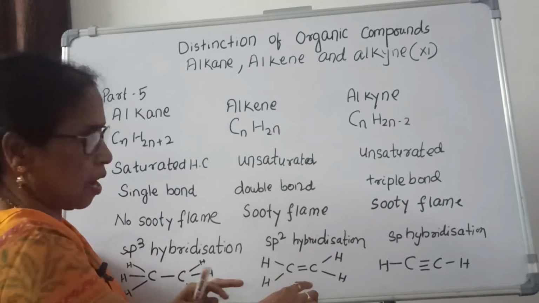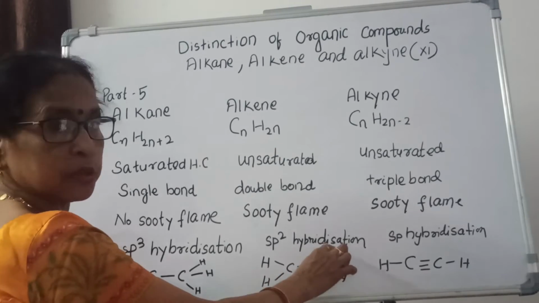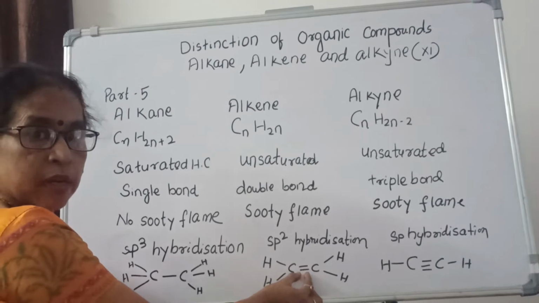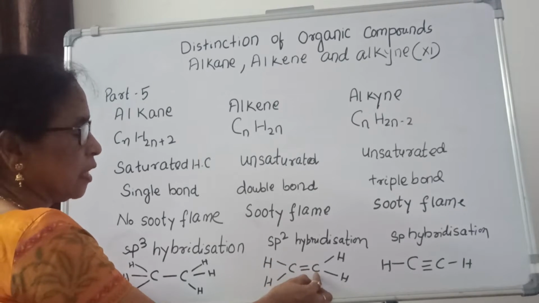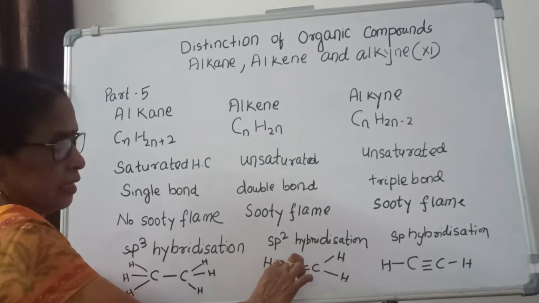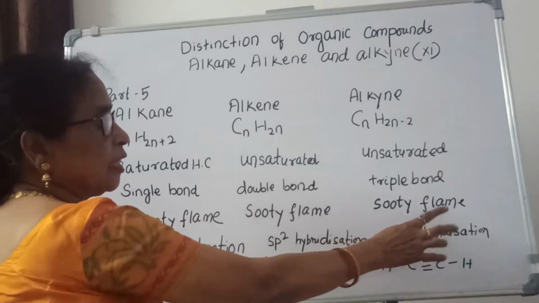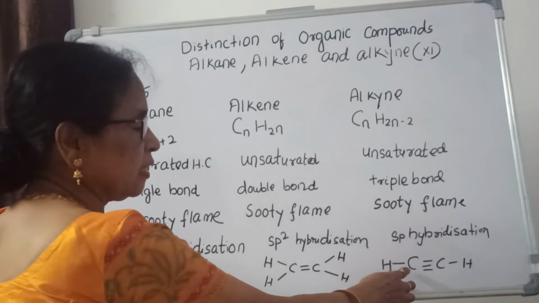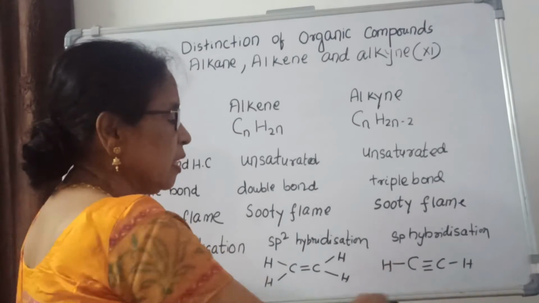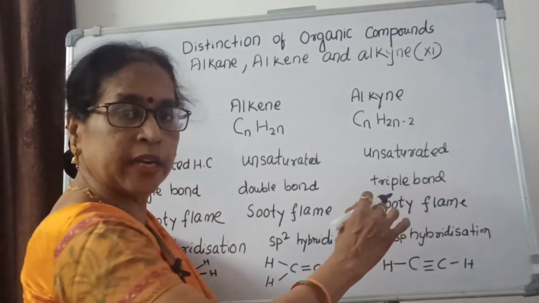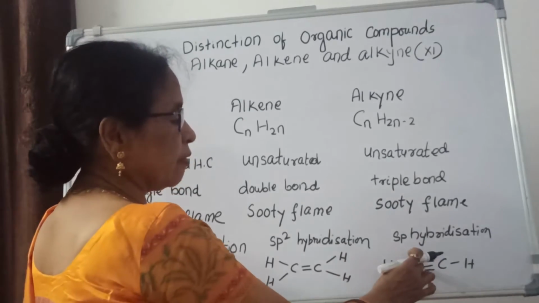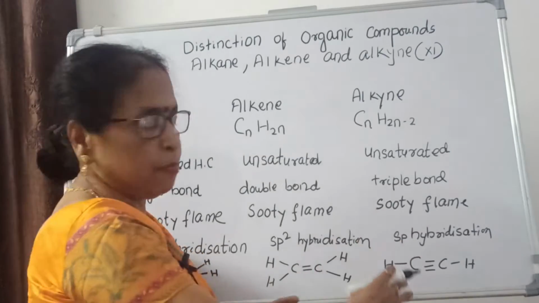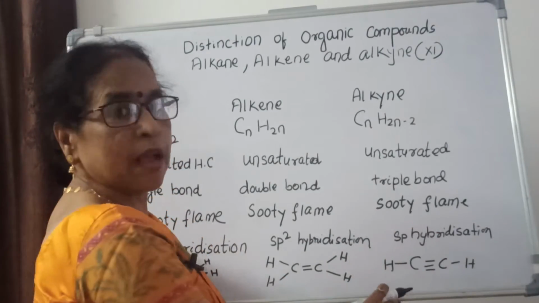Similarly, in sp2 hybridization, two hydrogens are attached to this carbon and two to that carbon, with a double bond between them, and both carbons undergo sp2 hybridization. And for sp hybridization, see, it is ethyne. Each C is attached to one hydrogen, and in the middle between carbon and carbon there are three bonds, that is called a triple bond, and that is sp hybridization.